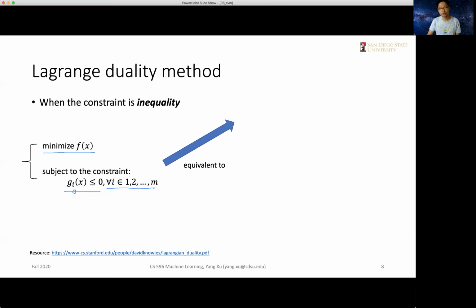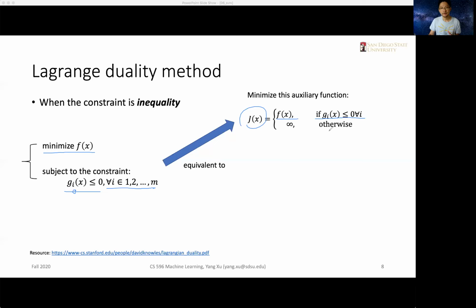So solving this minimization problem with a bunch of inequality constraints is equivalent to minimizing this auxiliary function. We define something new called J. And J has two cases. In the case where the constraints are all satisfied, it's the function itself.